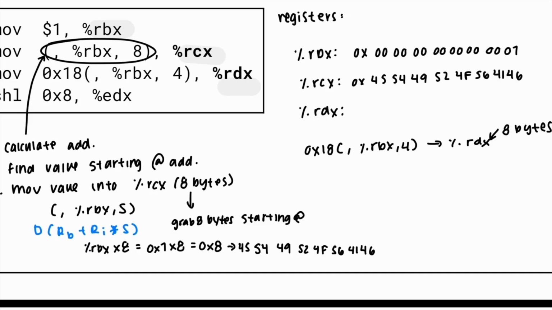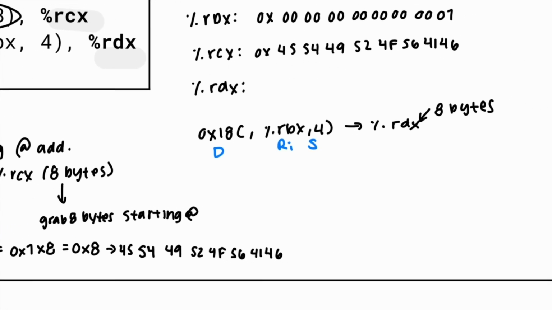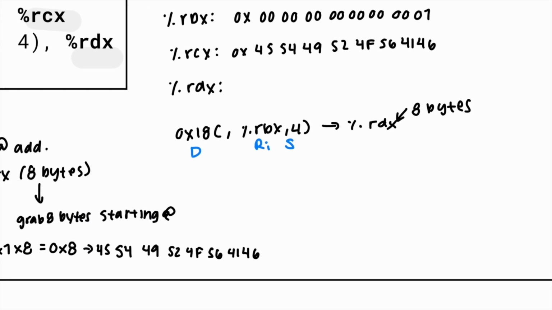Looking at our formula, we know that 0x18 is D. We don't have a base register, but we do have our index register, which would be RBX, and then we have a scalar, which is 4. So if RBX is 1, then we have 0x18 plus 0x1 times 4, which is equal to 0x18 plus 0x4.